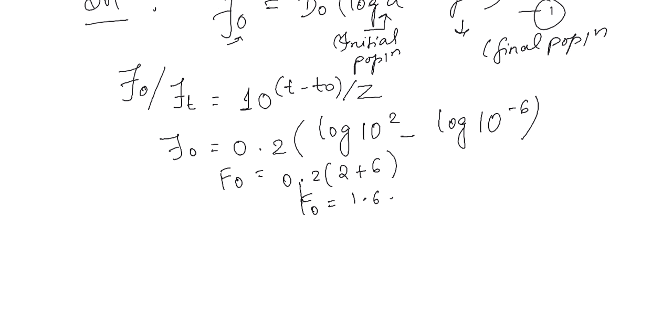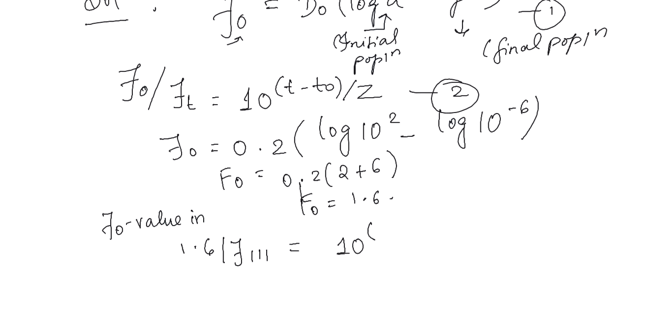My second point is putting that F0 value in Ft in the second formula. So 1.6 divided by F at 111 degrees Celsius is nothing but 10 to the power (T minus T0) divided by Z, where T is 111 and T0 is 121.